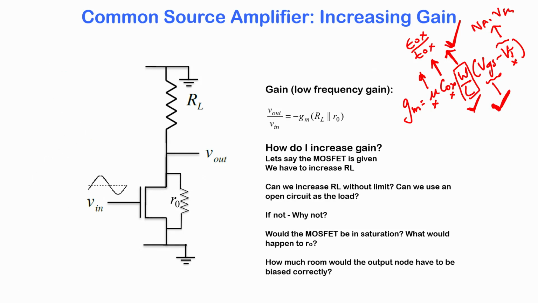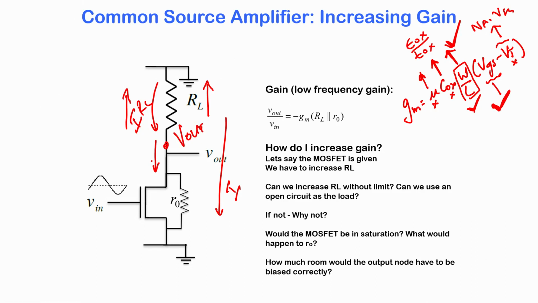So, what is the catch here? What is it that you observed? As you increase RL, you will find that the DC value of the output node starts dropping, because if I want to set a constant current, let us say the current is kept constant and we start increasing RL, the voltage drop here becomes I RL, the voltage drop starts increasing, and therefore V out, the DC voltage, starts dropping.